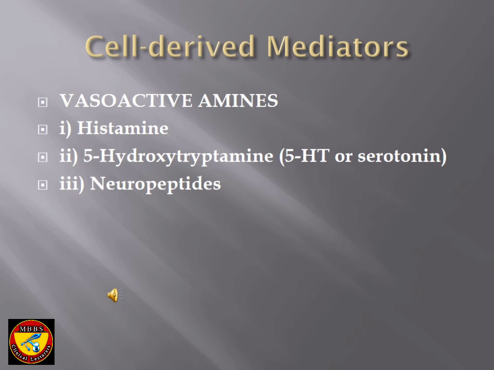Two important pharmacologically active amines that have a role in the early inflammatory response, basically in the first 1 hour, are histamine and serotonin, that is 5-hydroxytryptamine. Then the third one is the neuropeptides. It has a similar action, but at a lower intensity compared to histamine and serotonin.